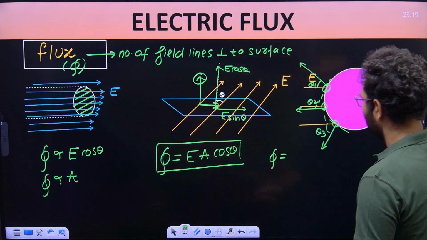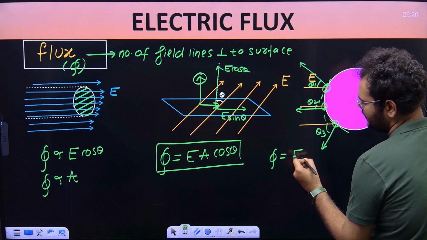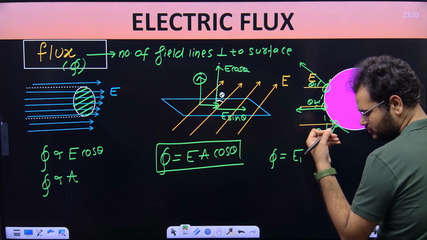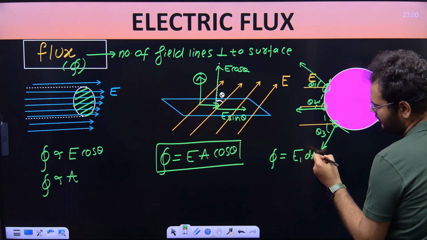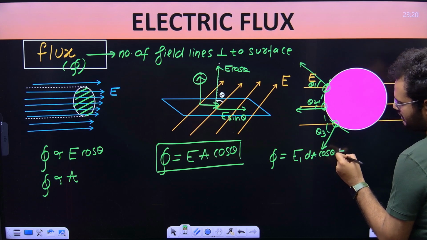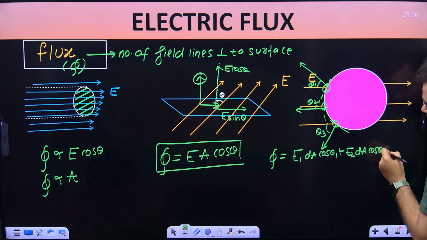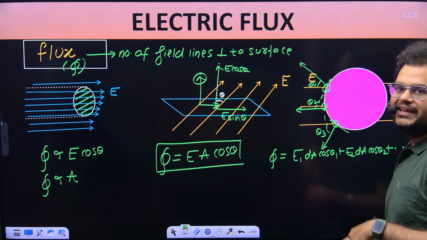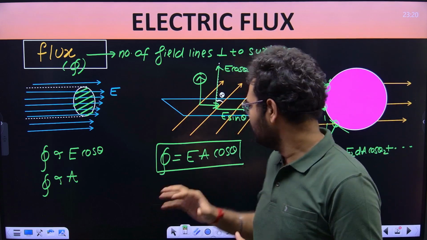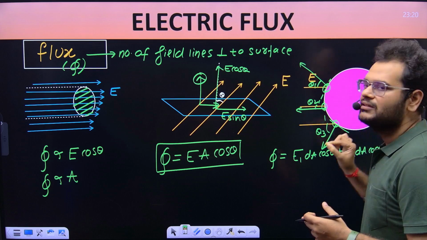So we write E1 dA cos theta 1 plus E2 dA cos theta 2 plus dot dot dot. Many areas you have to take, and many cos theta, for the entire surface of the sphere.